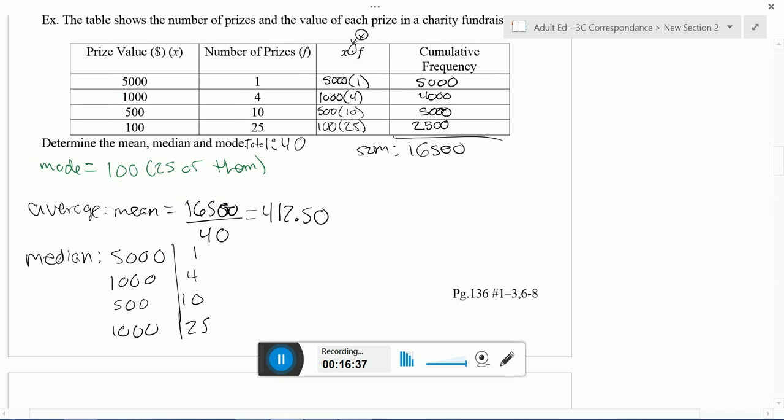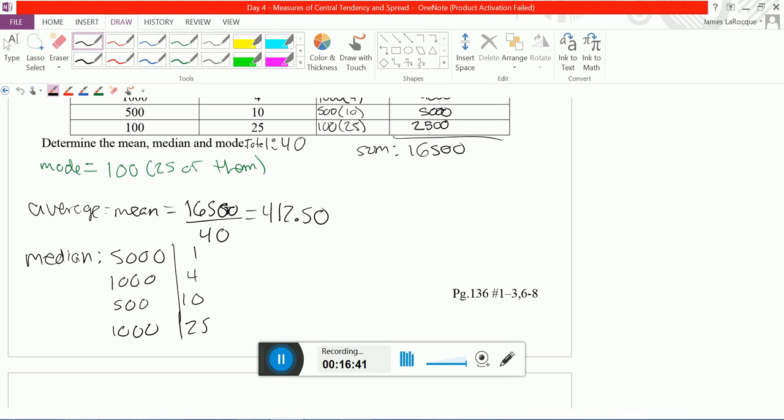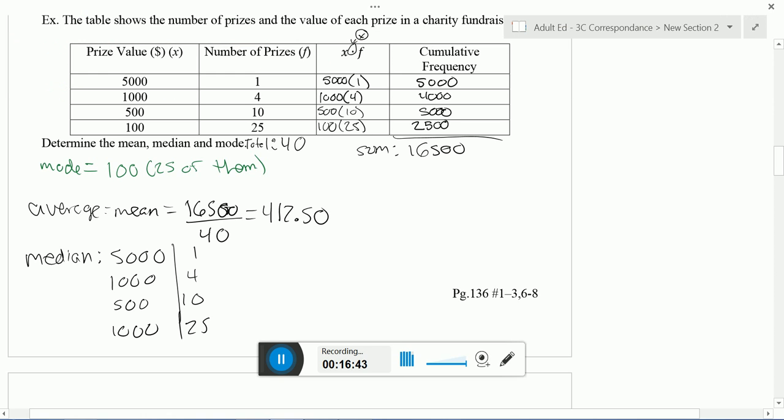Now, to find the median, I'm going to start canceling out prizes on either side. So I'm going to cancel out the highest prize, and I'm going to cancel out the same number of the lowest prize. So we have one $5,000 prize. I'm going to cancel out one of those 25 at the bottom, which leaves me with 24. We have 4 $1,000 prizes.